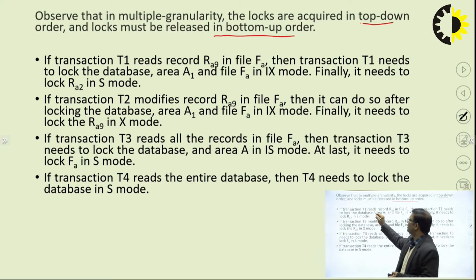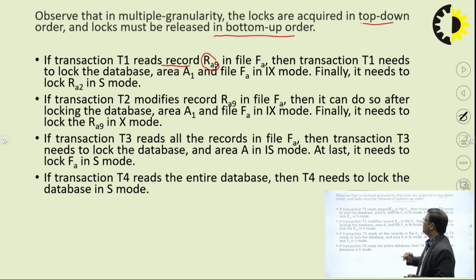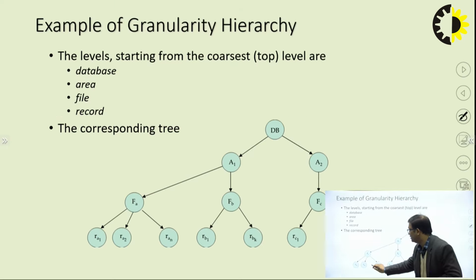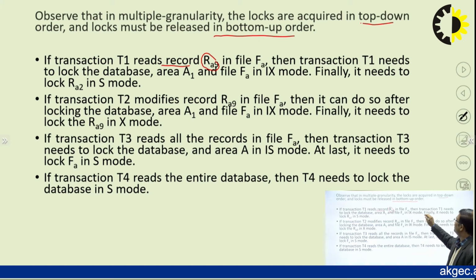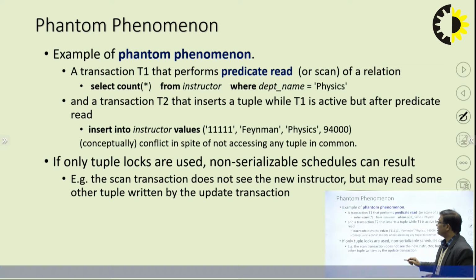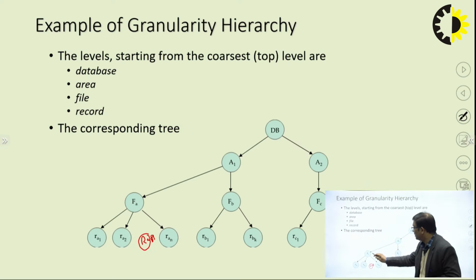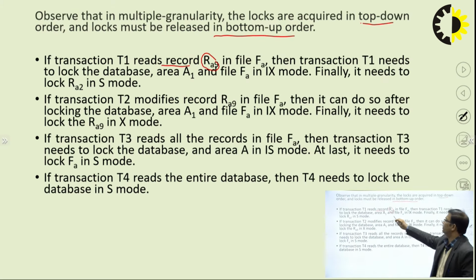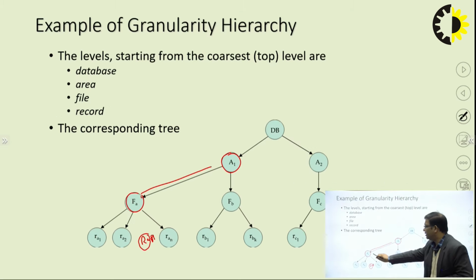So if transaction T1 reads record RA9, what does RA9 mean? This is the record RA9. Then the transaction T1 needs to lock the area A1 and the file FA.